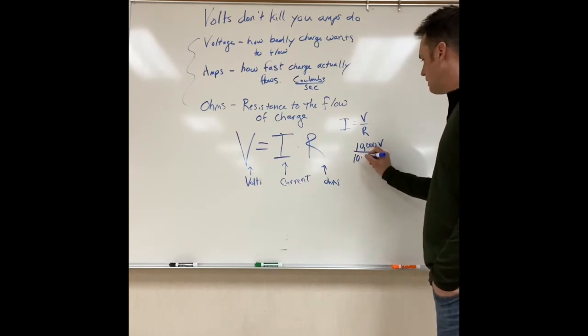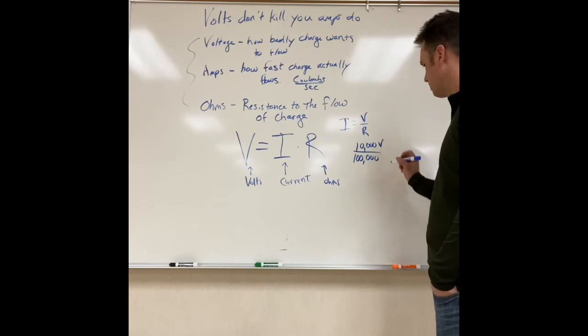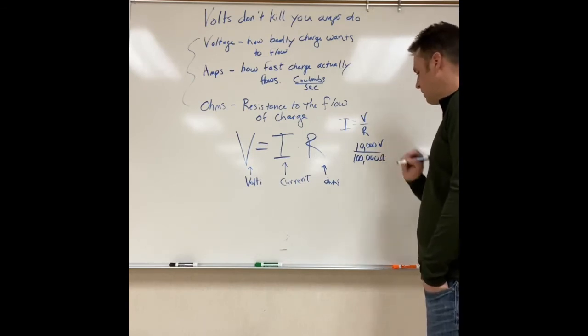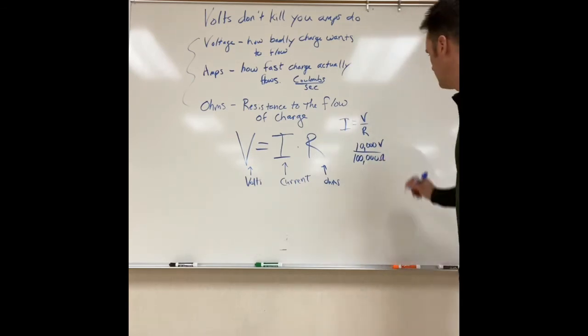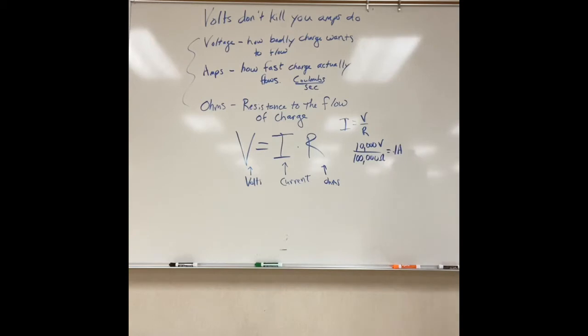And I just looked it up. A dry human wearing rubber-soled shoes has about 100,000 ohms. So I only had about 0.1 amps flowing through me, which I felt, but it takes like 1 amp to stop the heart, so I wasn't in any real danger.